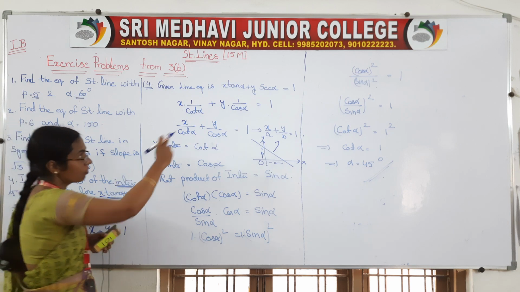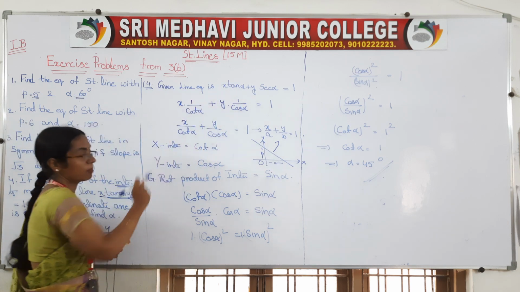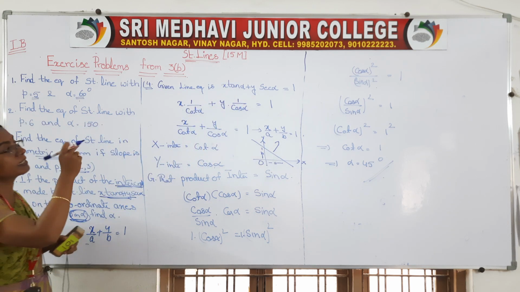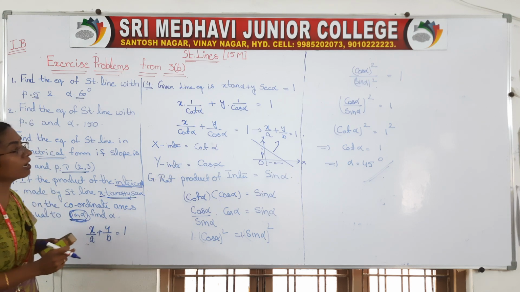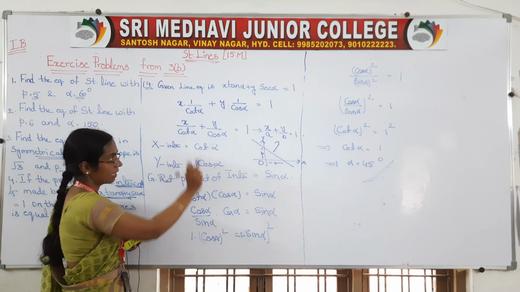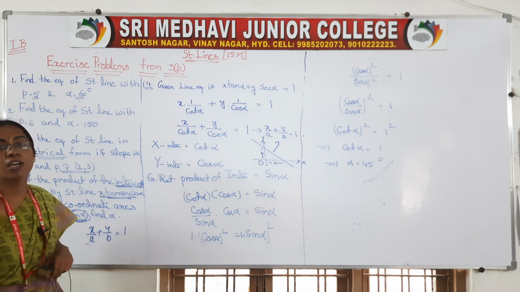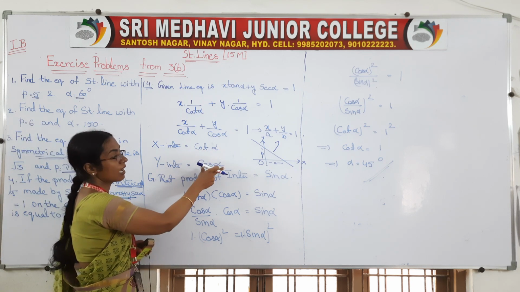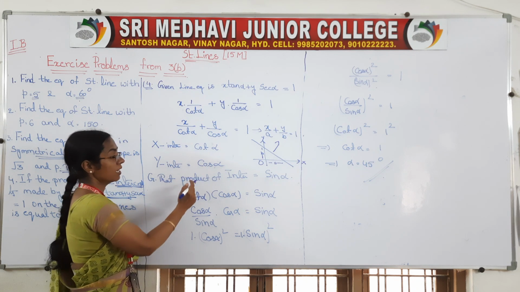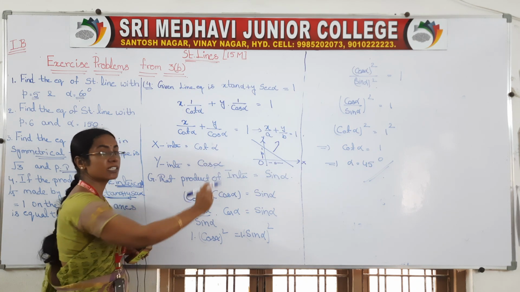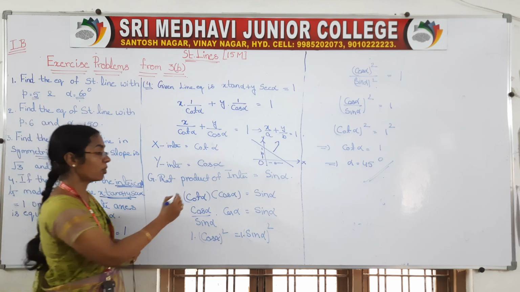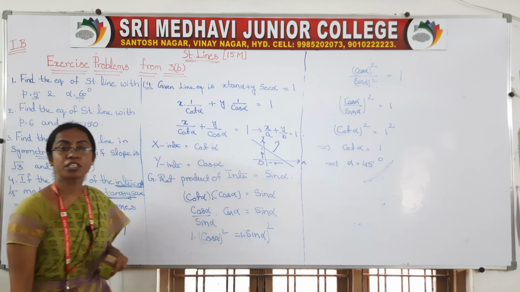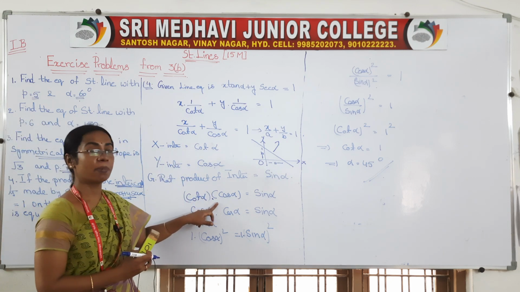For that sake, we have taken tan alpha as 1 by cot alpha, and secant we can take 1 by cos. So, this one, right? Now, it is exactly in your intercept form. So, one intercept is this one, another intercept is this one. It is given that product of the intercepts is equal to sine alpha. Product means multiplication. So, just multiply.